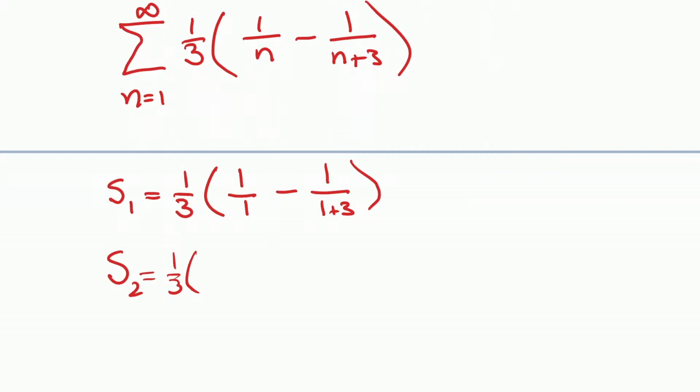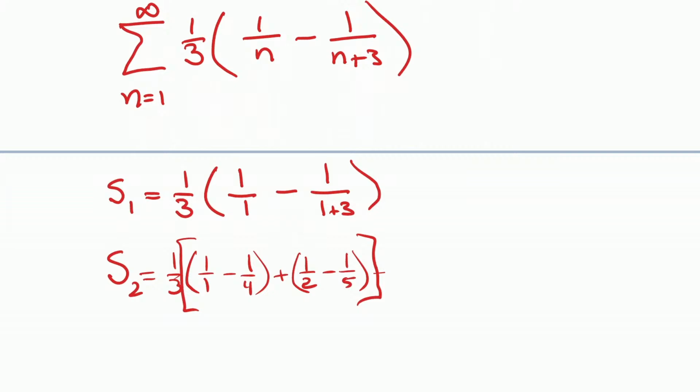1/3 times 1 over 1 minus 1 over 4 plus 1 over 2 minus 1 over 5. And that's it. What I've done there is I thought to myself, I don't have to write 1/3 all these times. Let's just write it once. So this is what you get when you plug 1 into that, and this is what you get when you plug 2 into that.